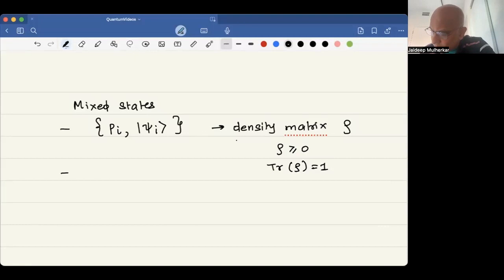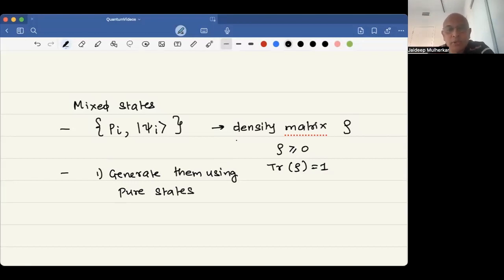How do you generate mixed states? One way is just to flip a coin and generate a pure state depending on the outcome of the coin. So you pick the pure state with some kind of probability distribution, and that will lead you to a mixed state.